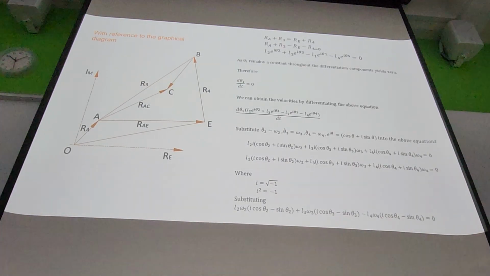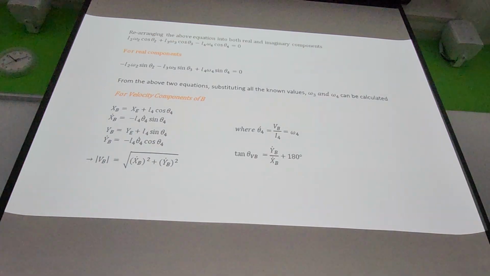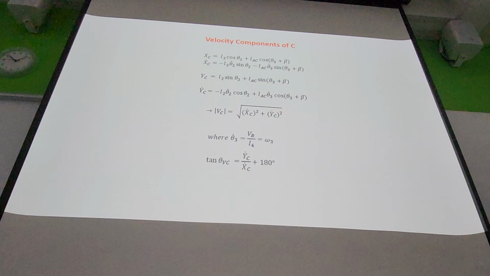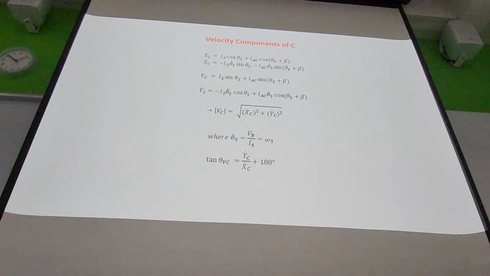Okay, then you move on to, so this is the velocity B. Components for velocity C. So you need to calculate what is XC from this because you know all the data.